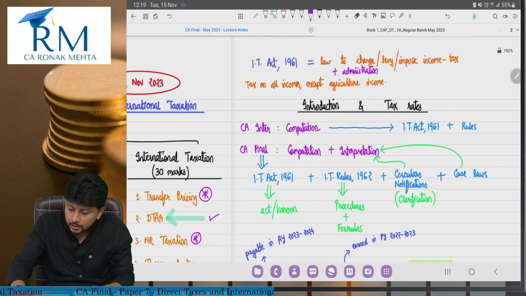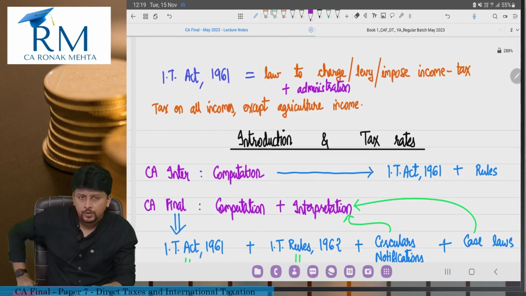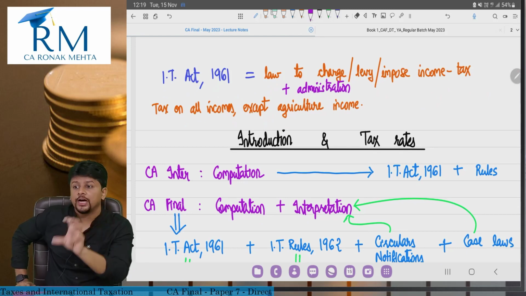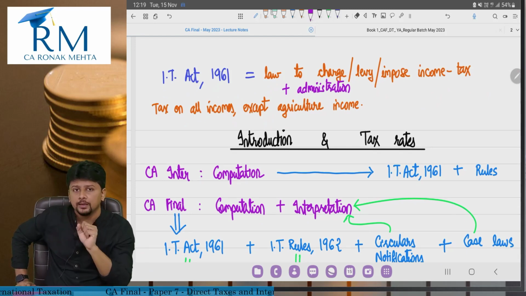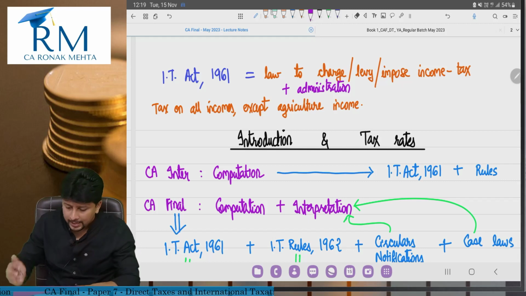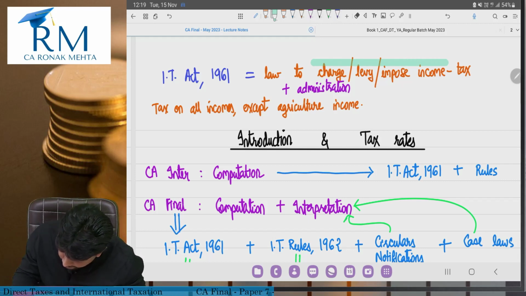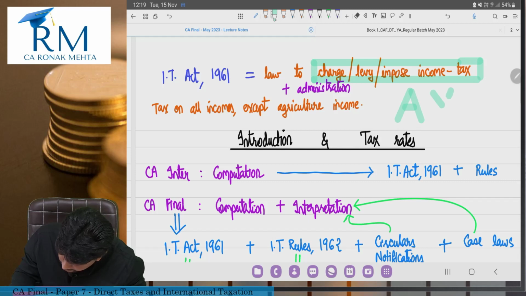Now, see this. What is the Income Tax Act? It is a law to charge, levy and impose income tax. And all of this, charging, levying and imposing income tax, happens in the assessment year.